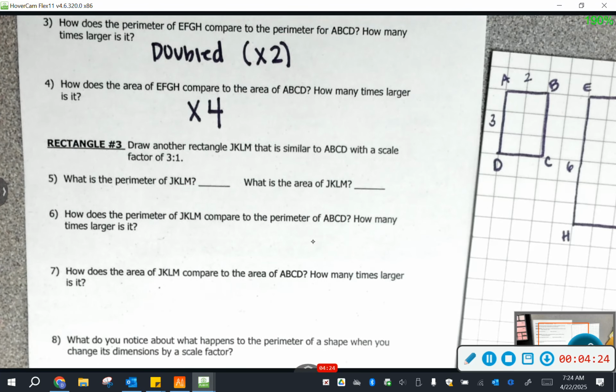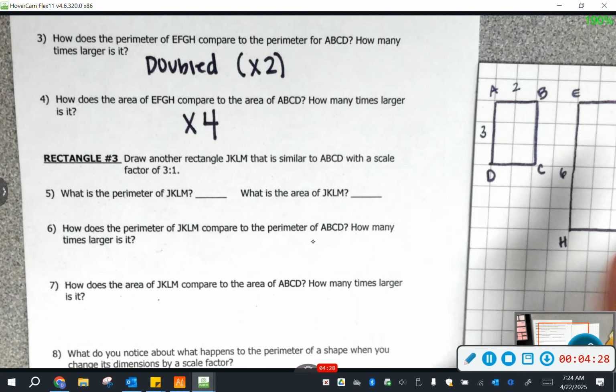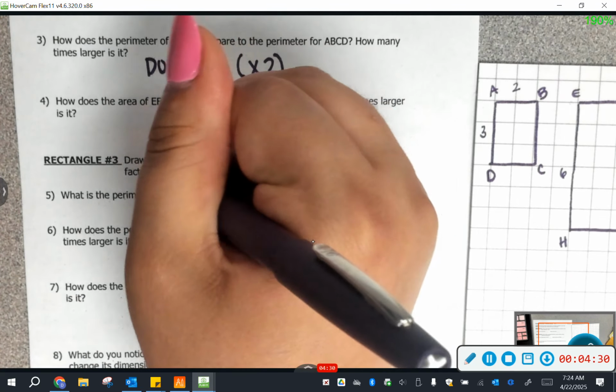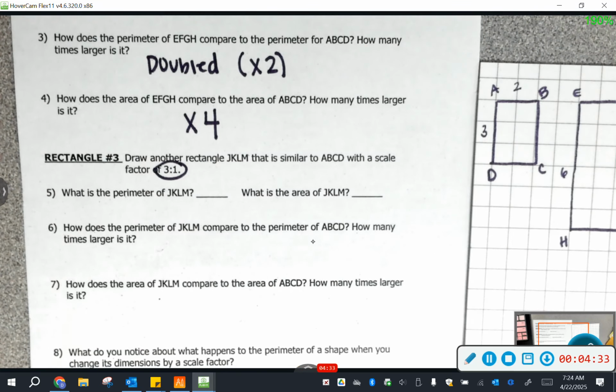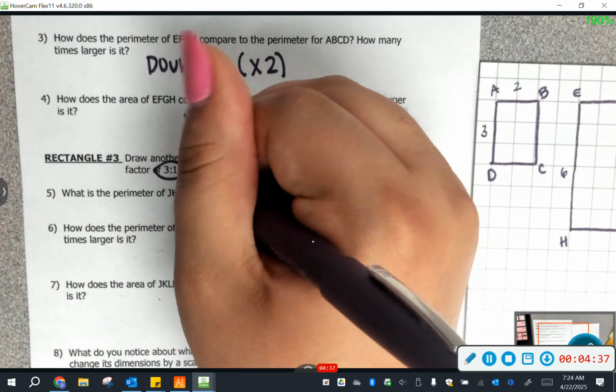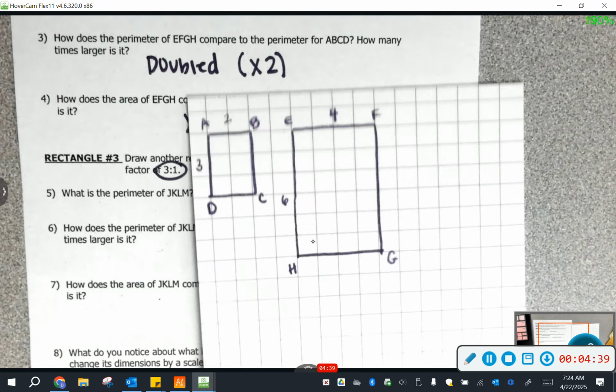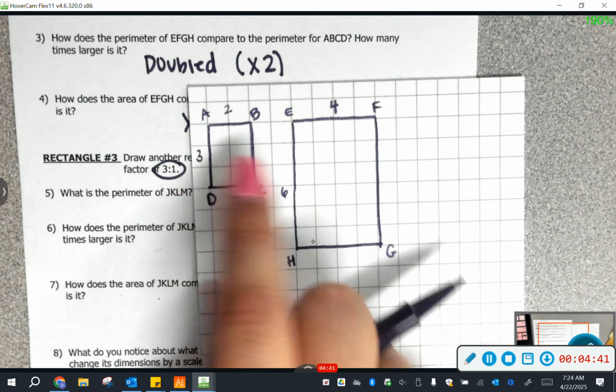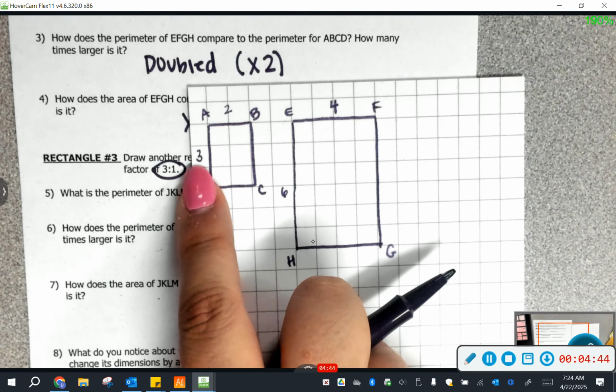Now it says draw another rectangle, JKLM, similar to ABCD, but with a scale factor of 3 to 1. What does it want me to do to my dimensions? Times them by 3. So I'm going to multiply, instead of doing 6, what's my next one going to be? 9.